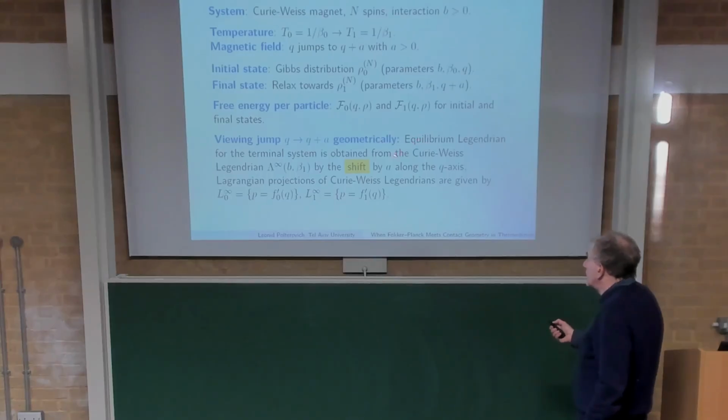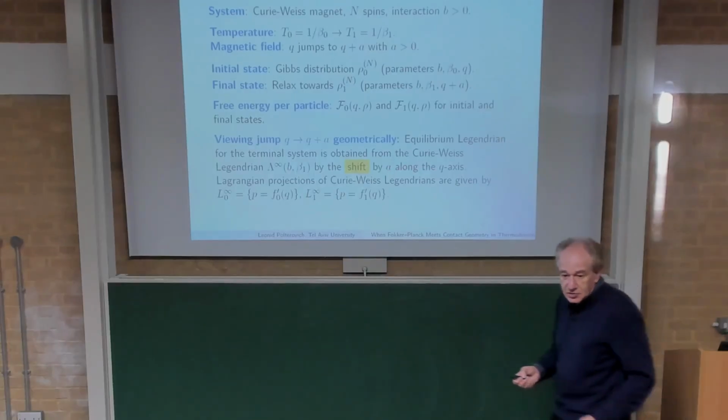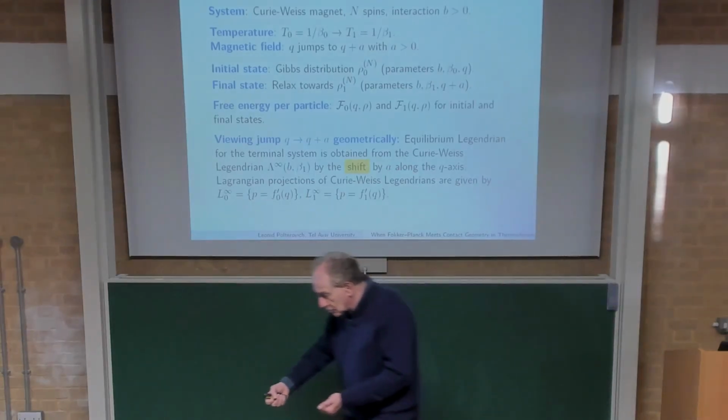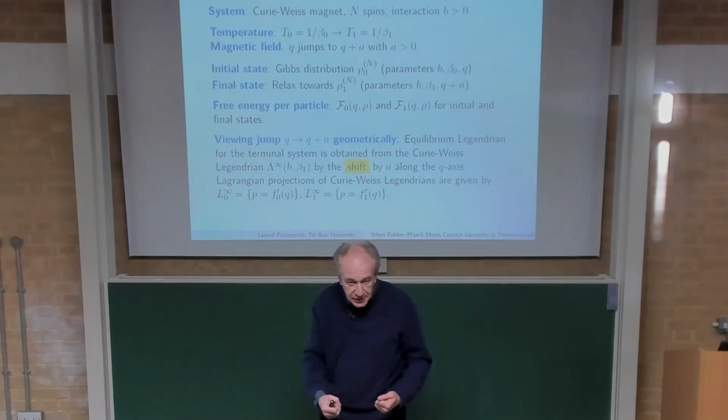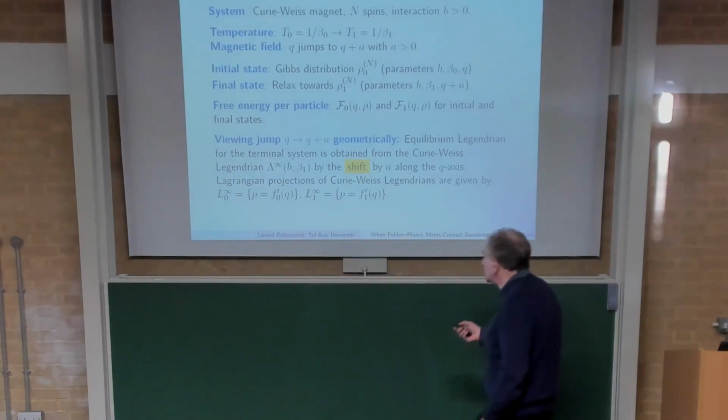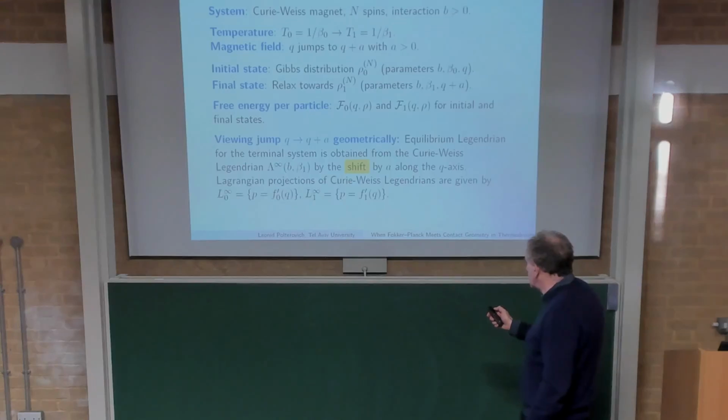Namely, the equilibrium Legendrian for the terminal system is obtained from the one with parameter q by a shift by a along the q axis. So we added an external field, we just shifted our Legendrian. Okay. So the initial and terminal systems have a good description.